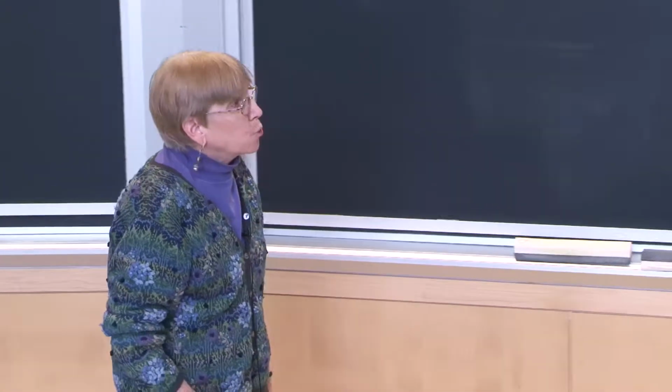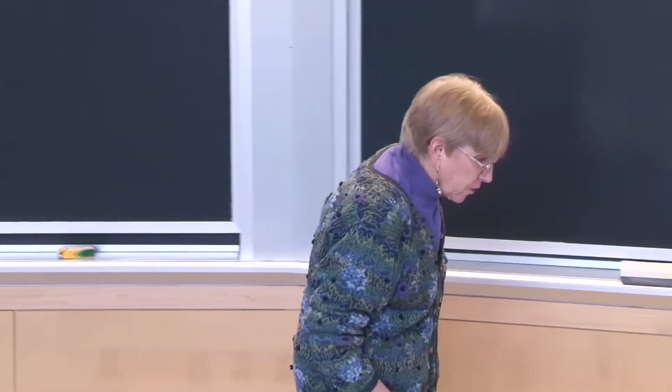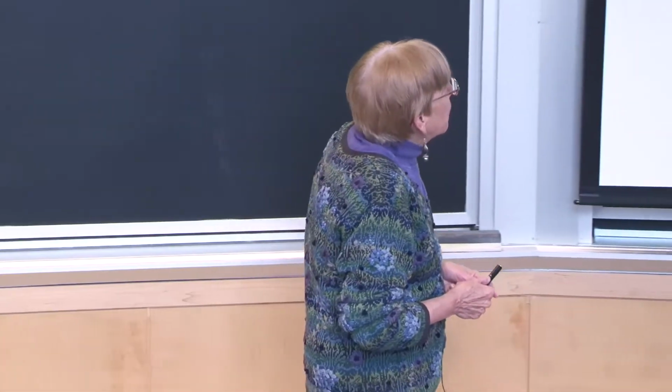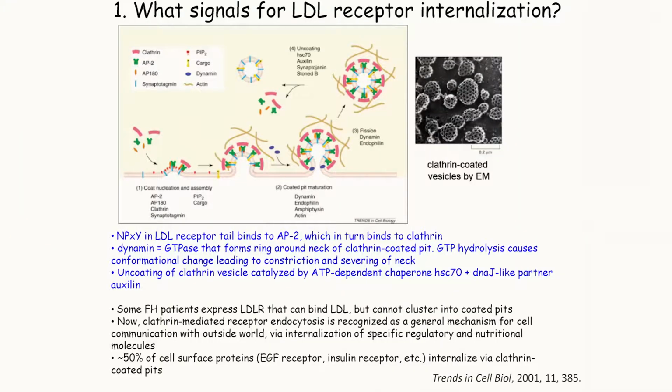And the last thing I just want to briefly say, because we're going to see this again, but without going through any details, remember that eventually we form what are called clathrin-coated pits. Okay, that's a picture of what the clathrin-coated pits look like. And the key thing, and I just wanted to mention this briefly because we're going to see this again over and over, is the LDL receptor itself has a little zip code, and that's enough.